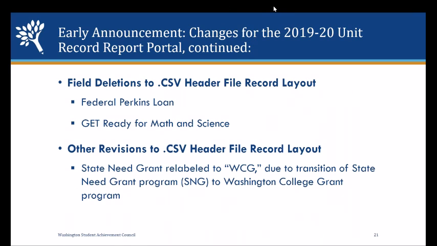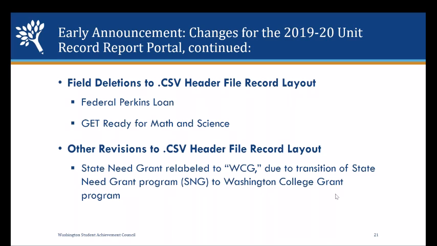Some additional changes. There will be some field deletions on the CSV header file. Federal Perkins loan is being eliminated, as is the Get Ready for Math and Science, since they are no longer being used. The state need grant, and I should have said this at the very beginning, for the 18-19 unit record, we still have it in the system as state need grant because the name change didn't happen until after.